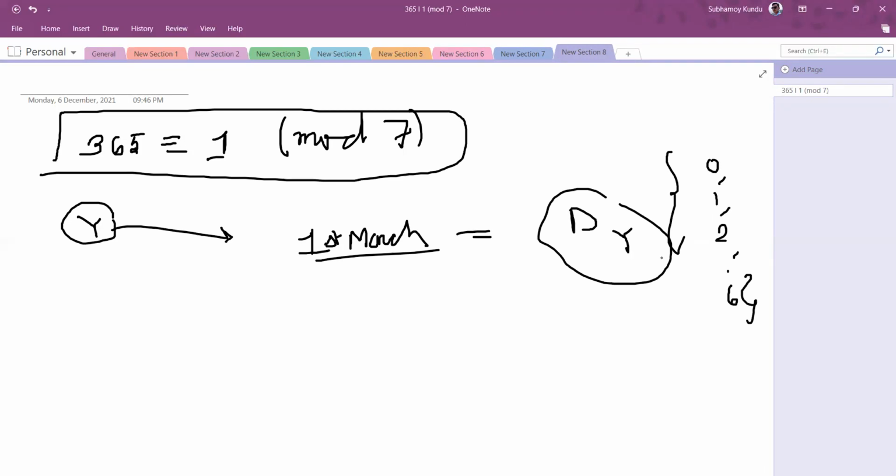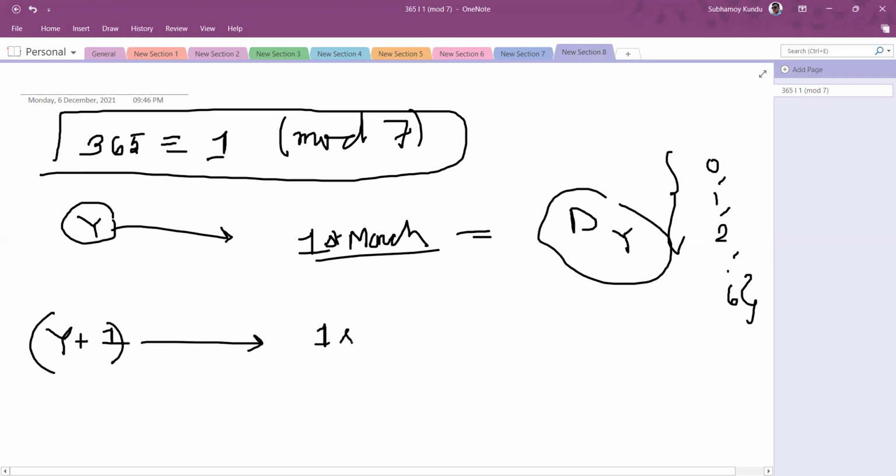We know the date, so for the year Y plus 1, the next year, the first March would be dY plus 1, right? Because it increases by 1 day: 365 is 1 mod 7.